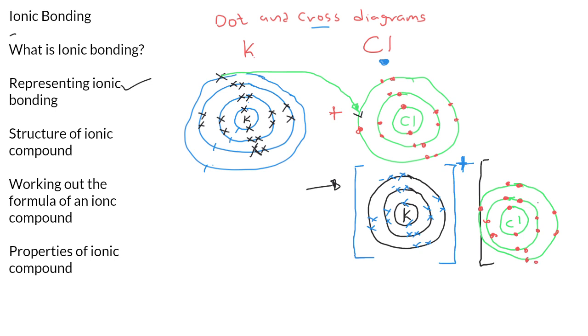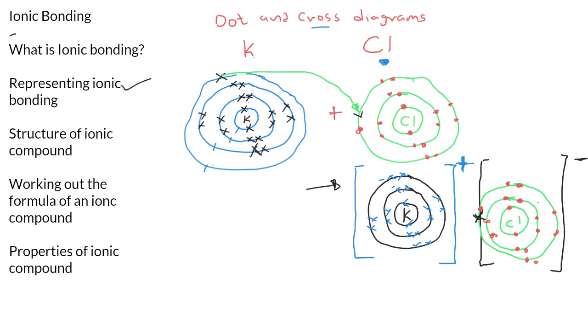Now, in this case, instead of a dot, we're going to represent the 8th one with a cross because the electron is coming from potassium. So this is to show that the electron is coming from another atom and is being added to that element. So we are also going to draw the square and show the charge as negative to show that chlorine has gained an extra electron.